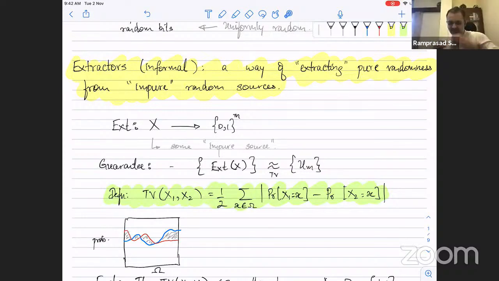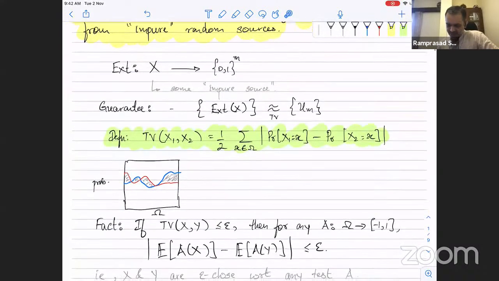And as you can imagine, the smaller this gap is, it roughly tells you that these two distributions look a lot similar, in the sense that the probabilities don't seem to differ by much. So this is one definition, but total variation distance is a very, very important concept, and it has a lot of very nice properties.